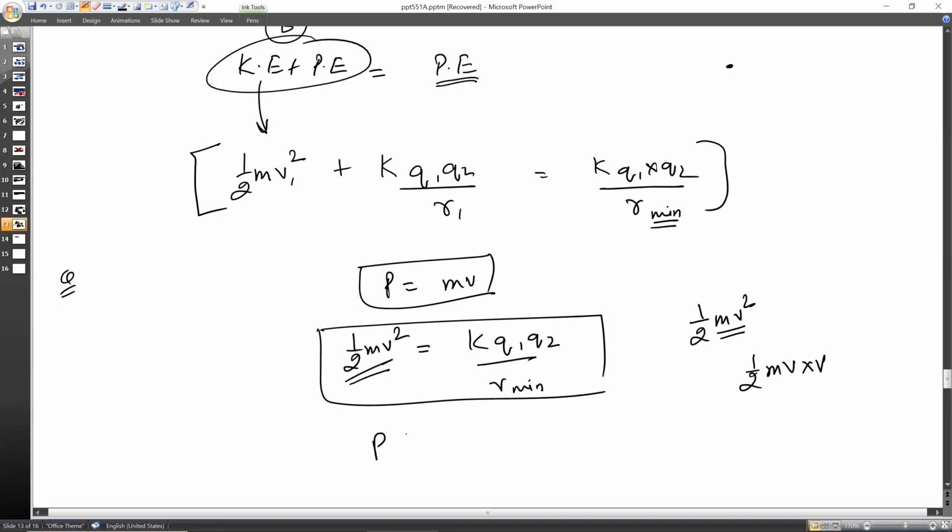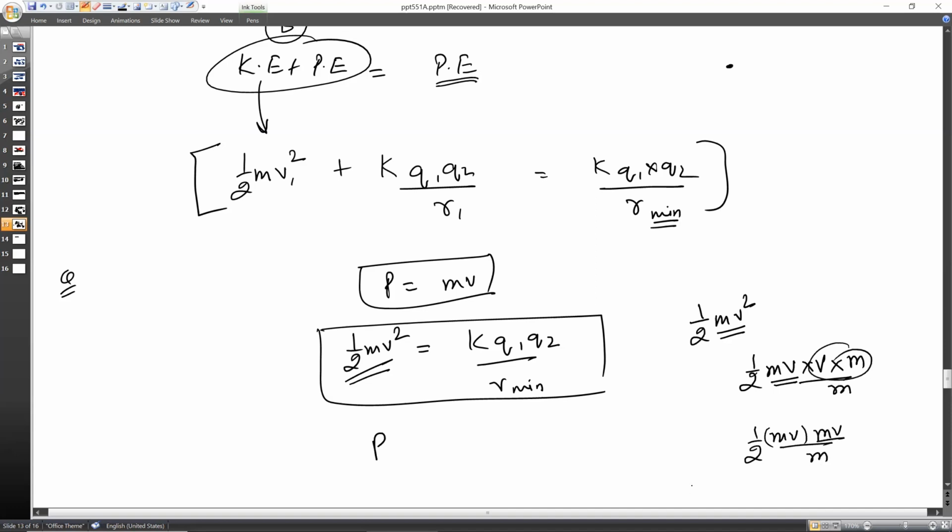If I multiply by m on both sides, what you can write here is mv into another mv upon m.